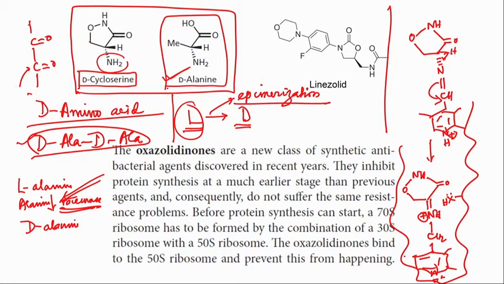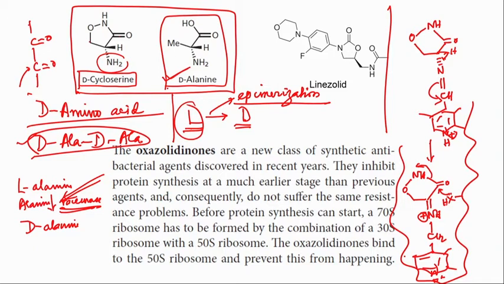Here one is iminium, another is a carbonyl, so this carbonyl is very reactive. The nucleophilic amino acid attacks here and opens this up. That means you are forming a covalent acyl enzyme bond, and that stays there. So, this is the mechanism of D-cycloserine.